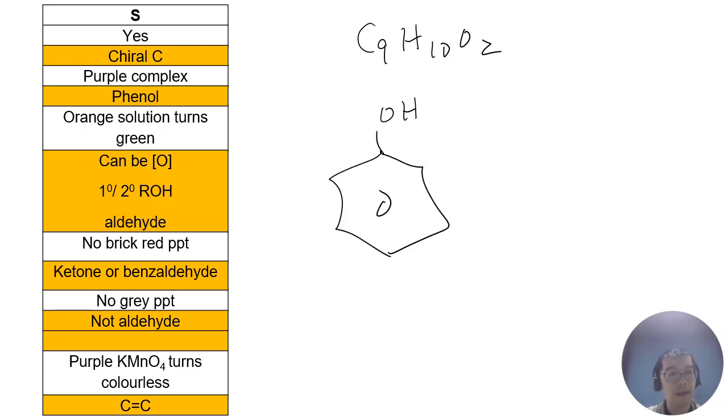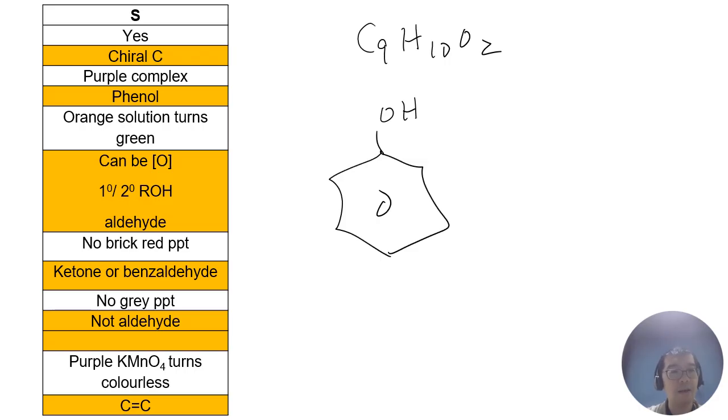And one more thing is that it does not give a positive Tollens test. That means there is no aldehyde. And also a negative Fehling's test, which means it can either be a ketone or a benzaldehyde. But benzaldehyde we can eliminate because we already know it's not an aldehyde. Can it possibly be a ketone?